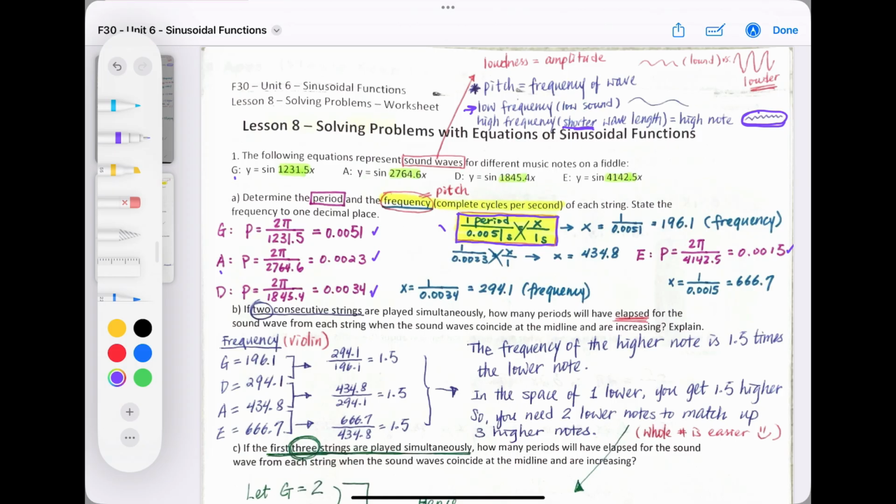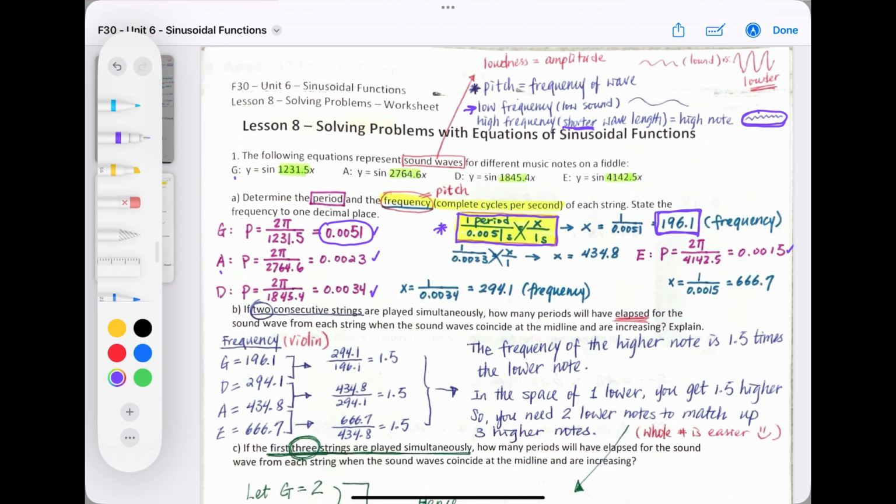You get the formula right here: 1 period over the particular sound's period is equal to my frequency over 1 second. So math people say set this up, cross multiply, and do housekeeping. My x value is equal to 1 over 0.0051, and that gives me 196.1. That is my frequency, okay?